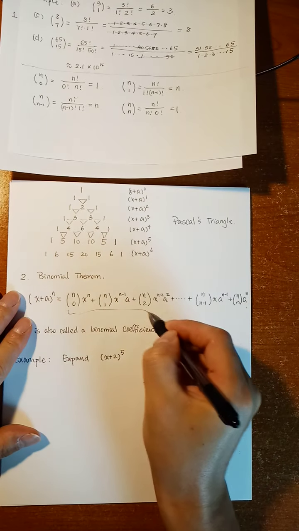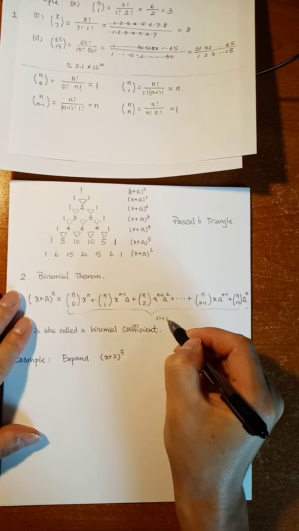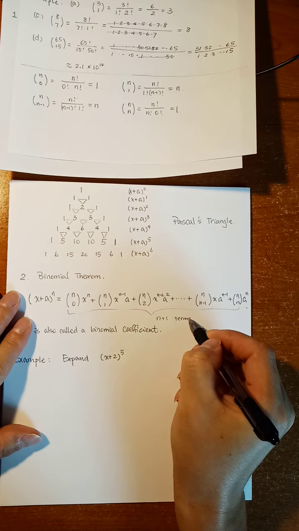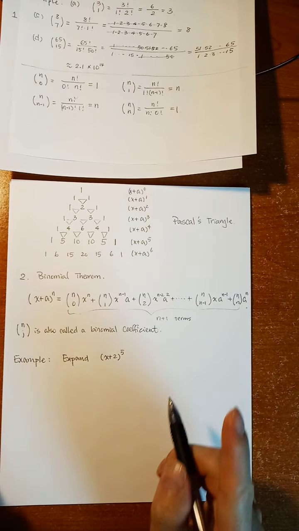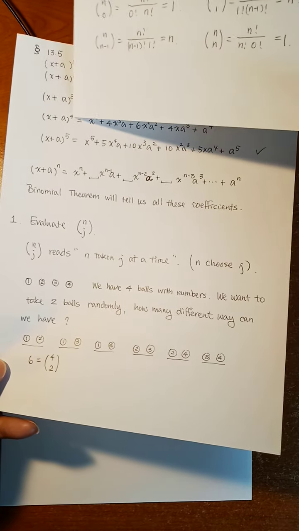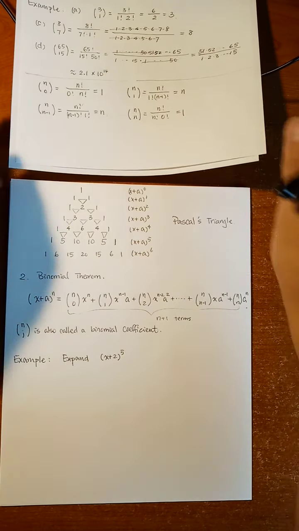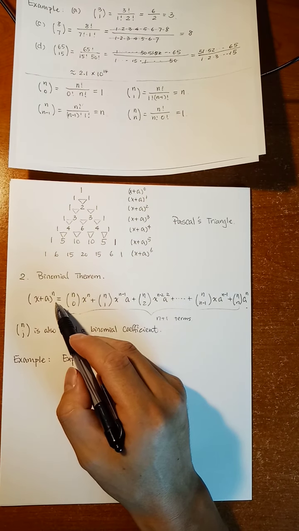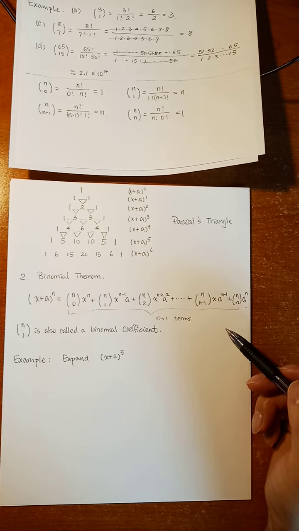So how many terms are there? N plus 1 terms, not n terms. Check here. You have squared, 3 terms; cubed, 4 terms; fourth power, 5 terms. You always have n plus 1 terms. If you have power 65, you have 66 terms.